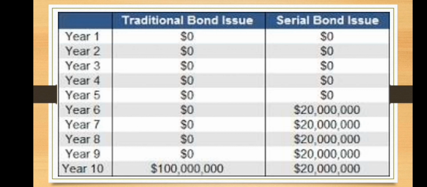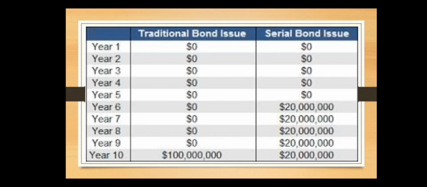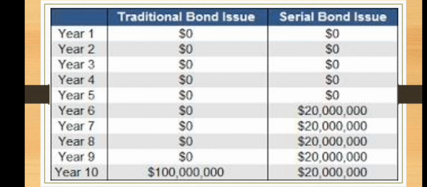As you can see, the serial bond is different from the other bond, which is the traditional bond. In year 10, the traditional bond pays $100 million, while the serial bond issue must only pay starting from year 5 until year 10. Meaning to say, this representation shows that serial bonds have cash savings.